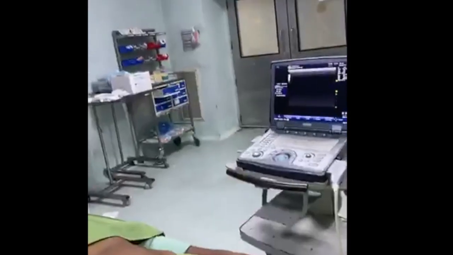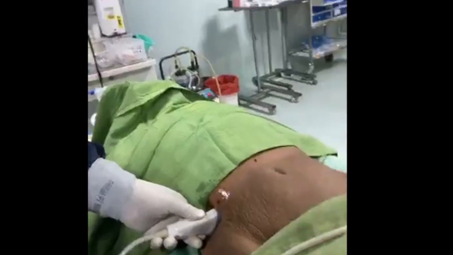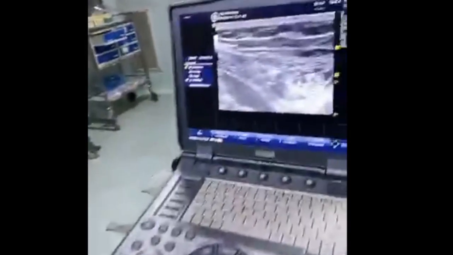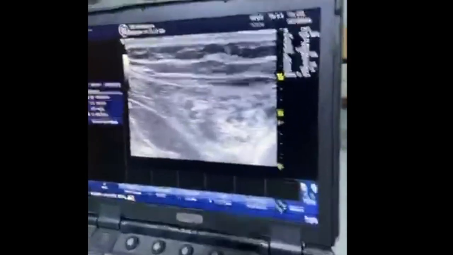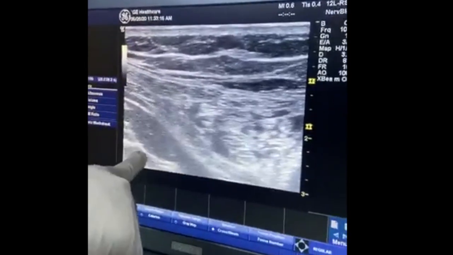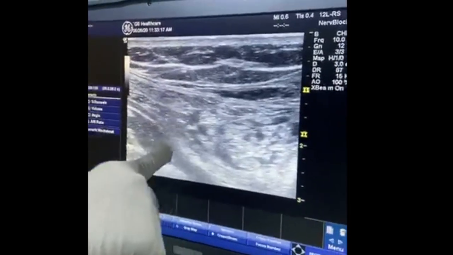Now I will check with an ultrasound study. On the ultrasound screen you can see this is the internal oblique muscle, this is the transverse abdominis muscle, and this is the external oblique muscle.